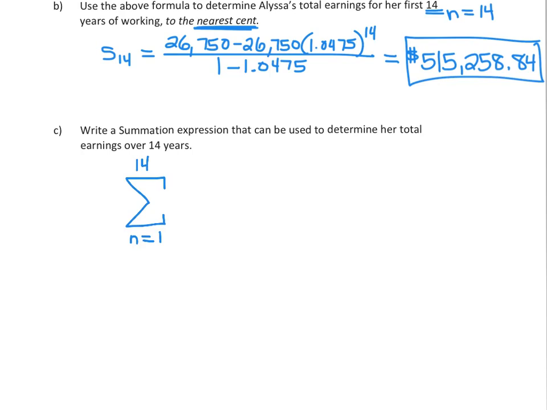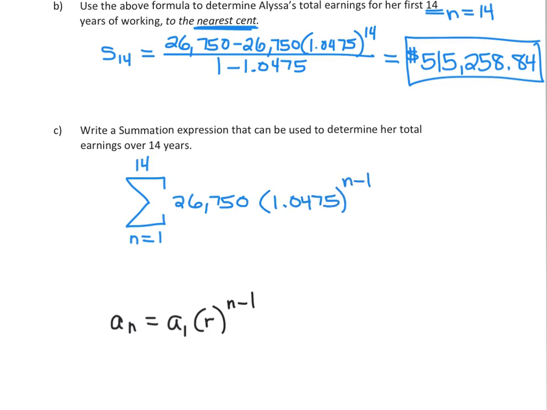Now after this, we're just using our explicit formula, the right side of the formula for a geometric series. So a sub 1, we already said, was equal to her first year's salary, which is $26,750. R is 1.0475. And we're going to leave that in terms of n to the n minus 1 power.